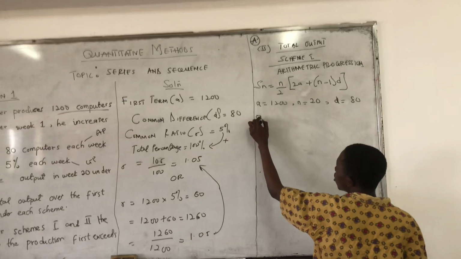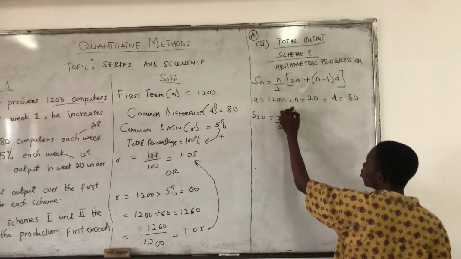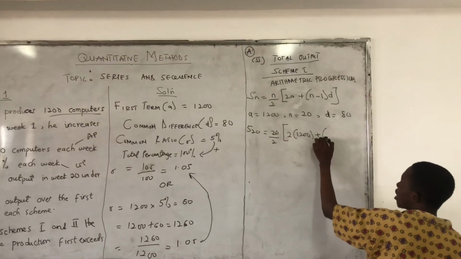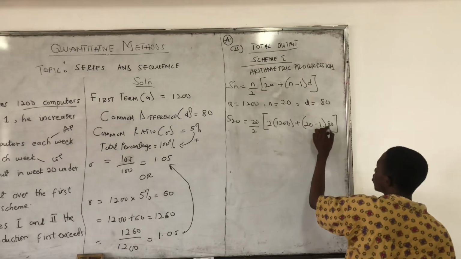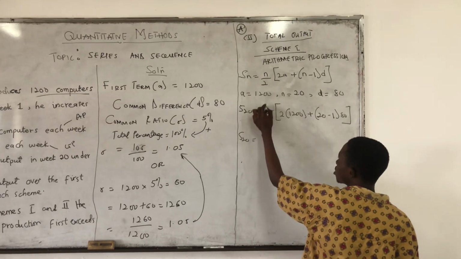So we have S20 is equal to 20 over 2, a is 1200, plus n is 20 minus 1, common difference 80. So we have S20, 2 goes here, 1 goes here, 10.